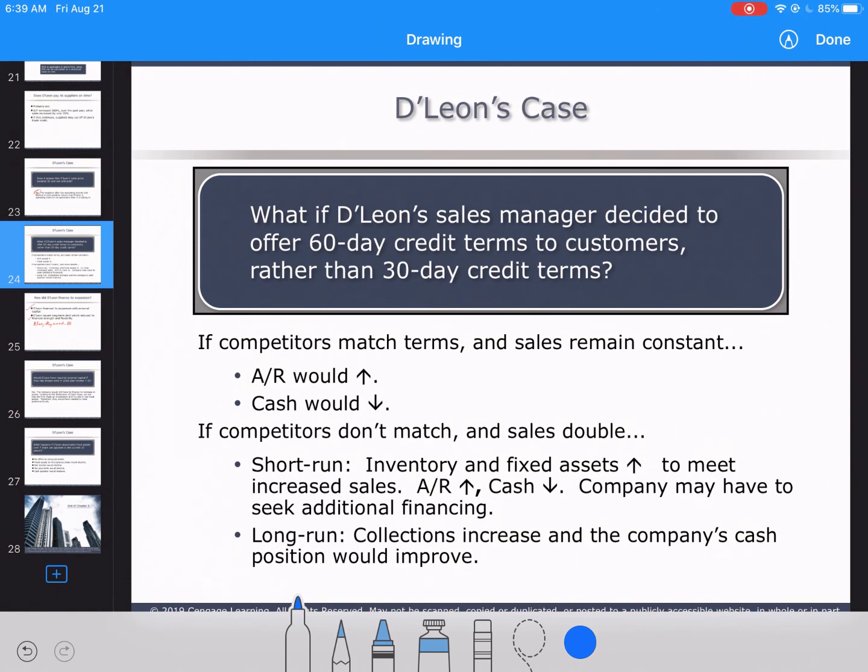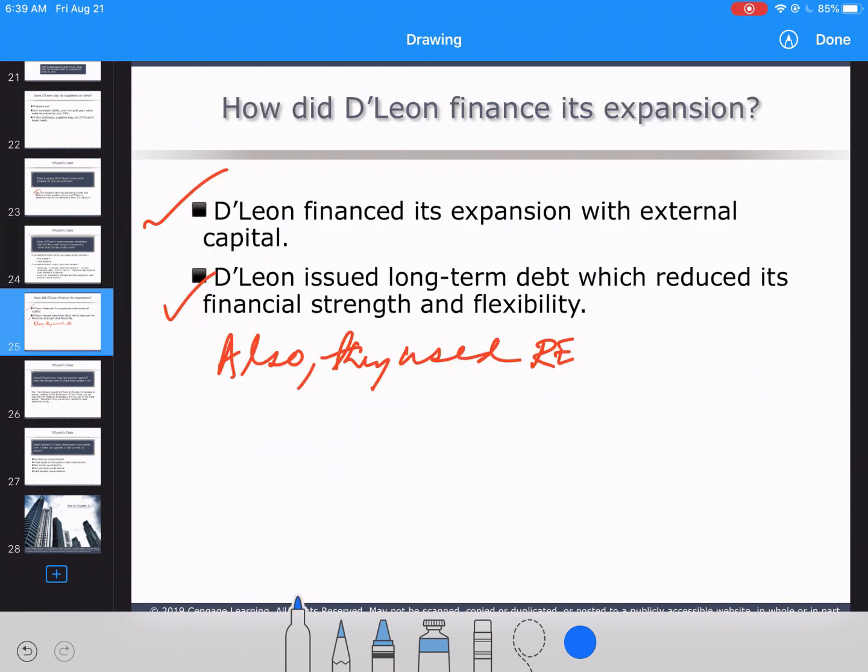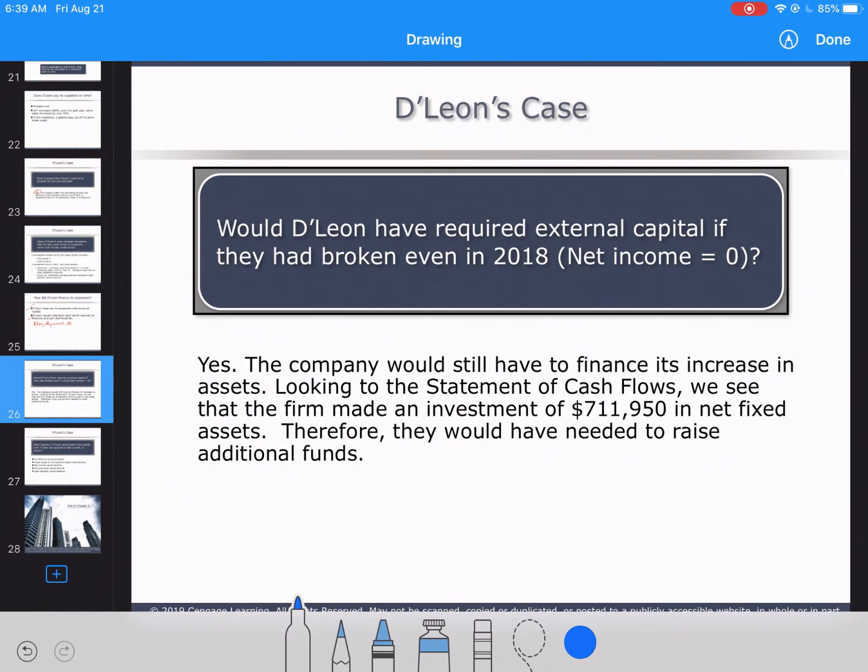And the whole reason we have gone through all of these is that AR increases, cash decreases, and all of the short run and long run collections in the previous slide. So how did De Leon finance its expansion? Through external capital and also drawing down the retained earnings. With that, the company would still have to finance its increase in assets.